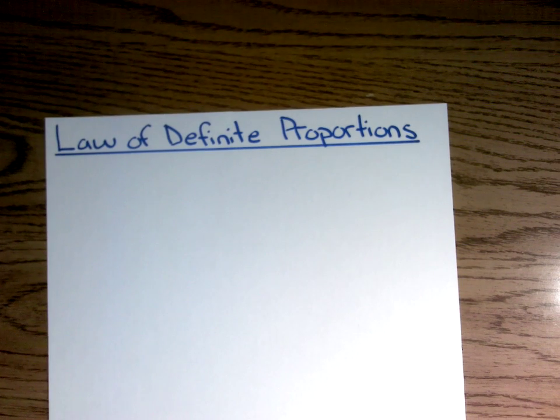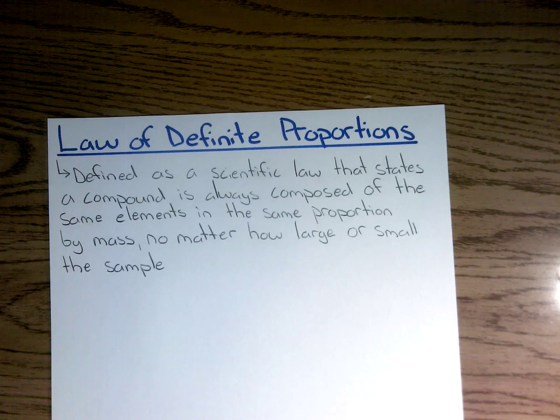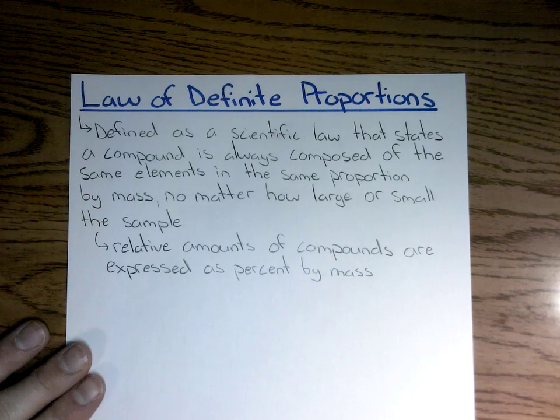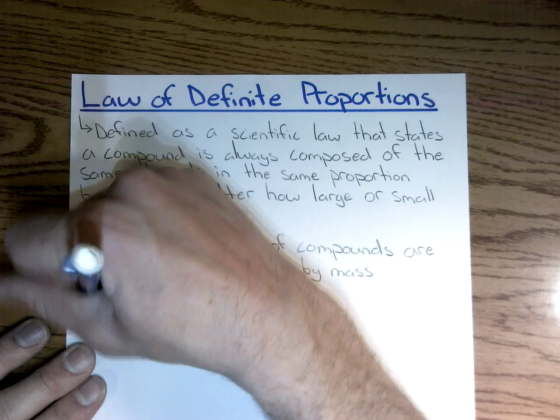The law of definite proportions is a scientific law that states a compound is always composed of the same elements in the same proportion by mass, no matter how large or how small that sample of the compound is. Now, these relative amounts of a compound are expressed as percent by mass. So with that being said, that brings us to another important point, and that point is percent by mass.